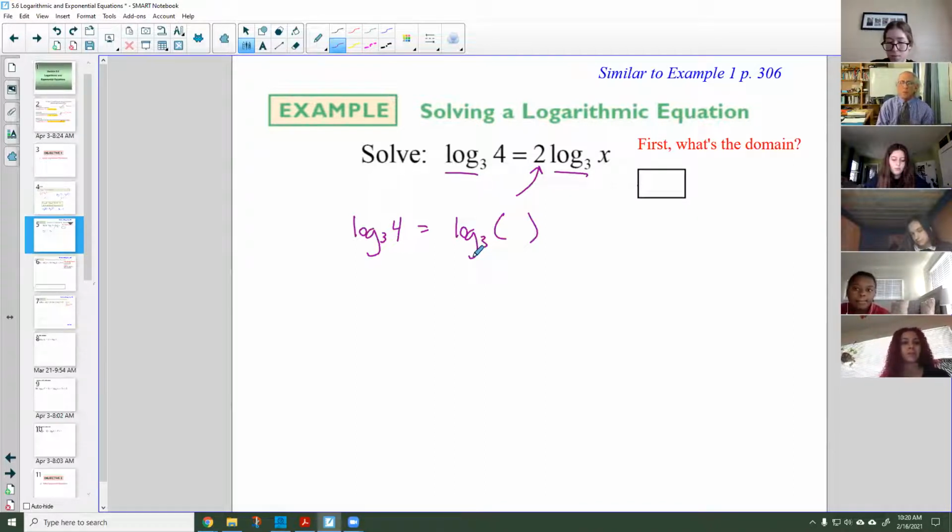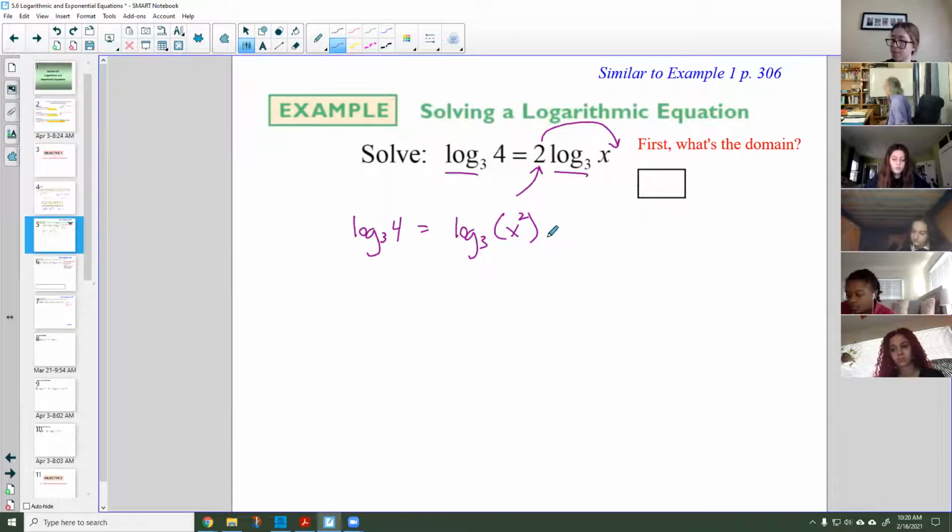If I can get rid of this factor of 2, then I'll have log base 3 of 4 is equal to log base 3 of something, and that something will be equal to 4. Well, let's use property number 3 and move this back up to an exponent. And I say log base 3 of x squared.